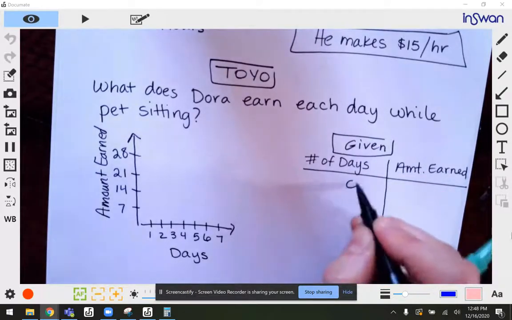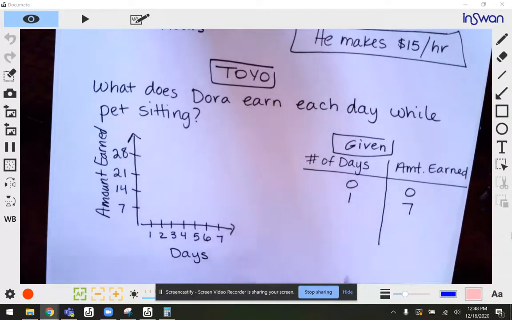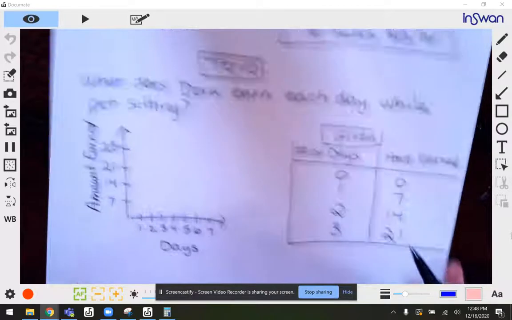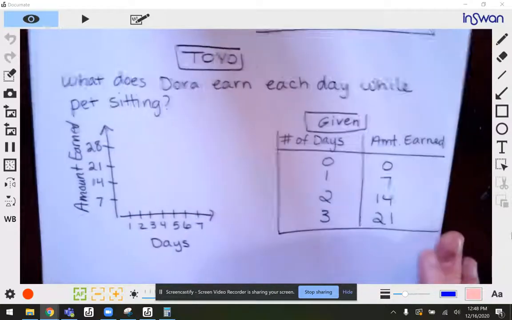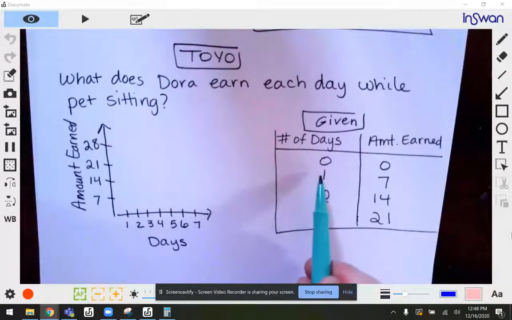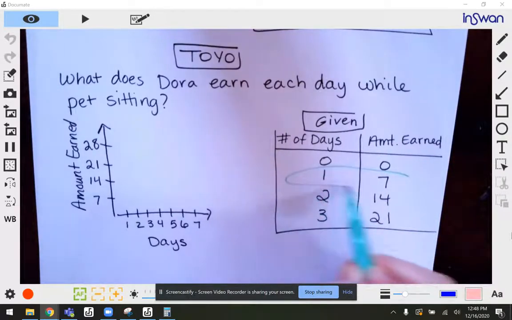And we're given some values, some ordered pairs: 0, 0, 1, 7, 2, 14, 3, 21. And so we want to know what she makes each day. Before we even do anything with the graph, I can see it. Number of days, 1 day, amount earned is 7. That's our unit rate, right?